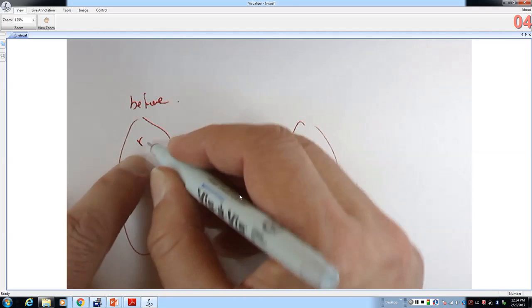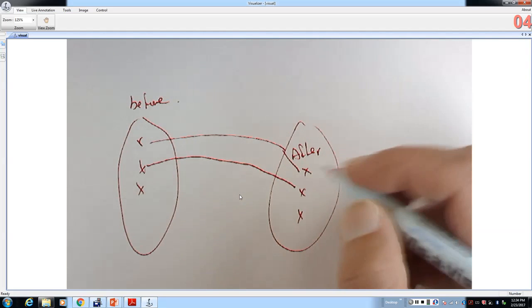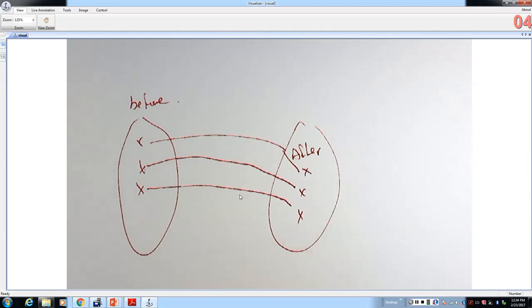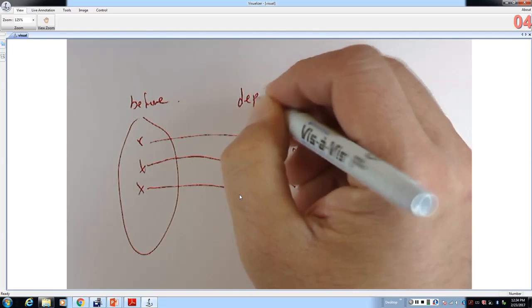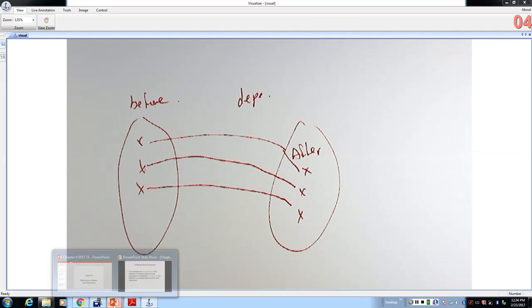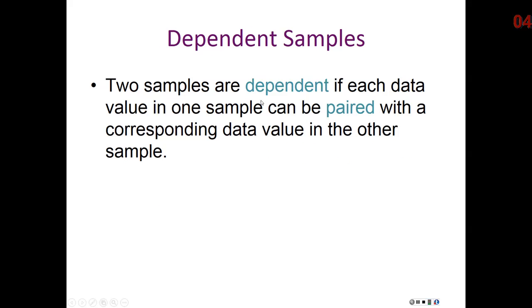Now notice it's the same person, so you can match them. That's a key word, matched pairs, okay? In that case, we have dependent sampling. So in this case, what we have here is dependent sampling.